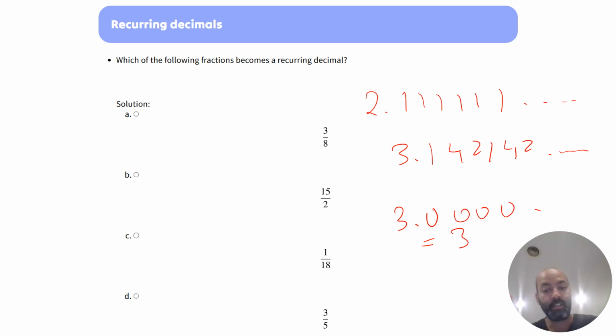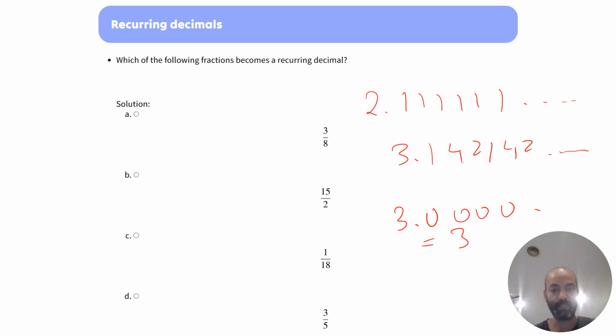Now, a recurring decimal, here's the rule you always need to remember. A recurring decimal results from a fraction or a division where the denominator has a factor that is neither 2 nor 5.